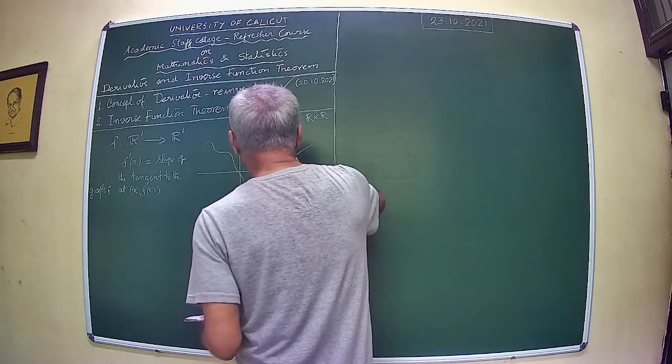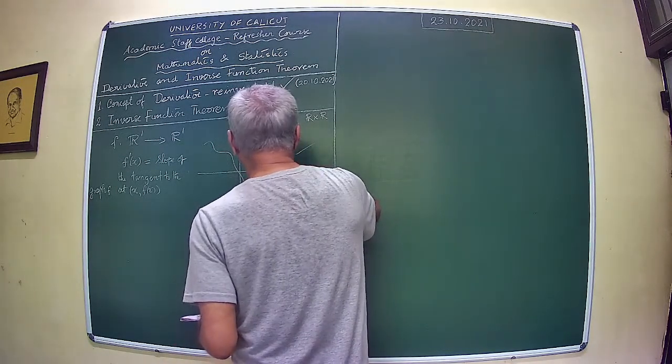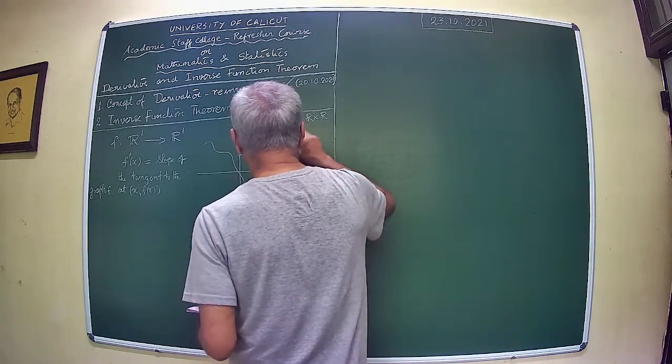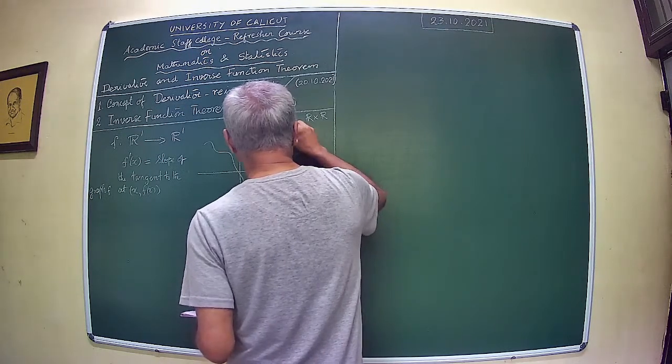Therefore what you have is, you have a line here whose slope is given by f derivative of x.